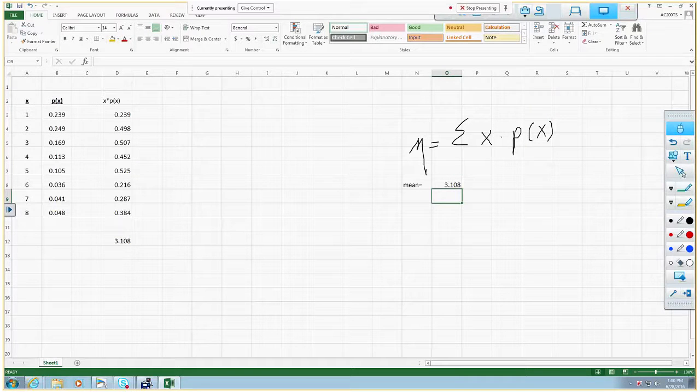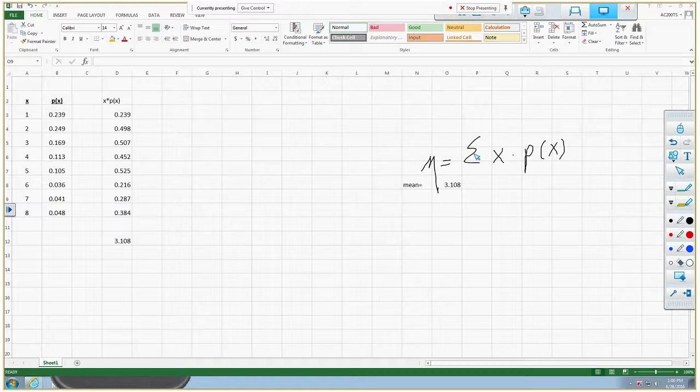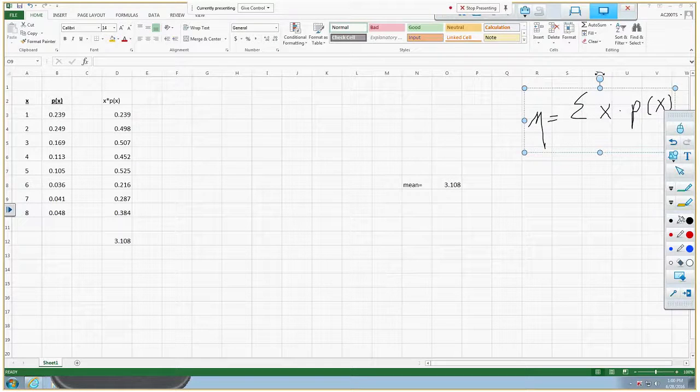Well, let's talk about what the other number is. I'm going to move that over here, and I'm going to say the standard deviation, or the variance, sorry, is sigma squared, or S squared, is equal to, what do we got to do now? What's the formula say from last Thursday?